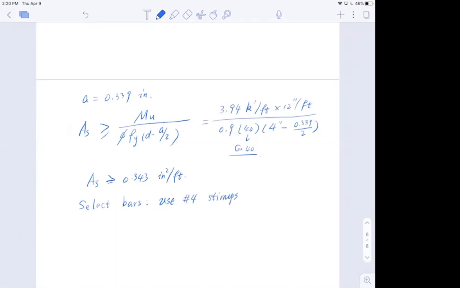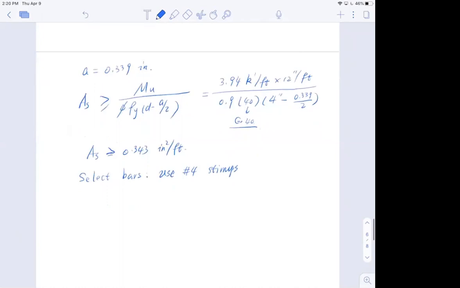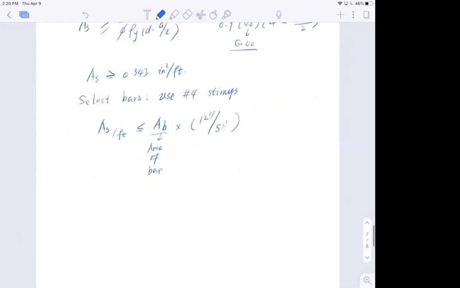For number 4, I want to compute the As per square foot, which has to be smaller than or equal to Ab, the area of the bar, multiplied by 12 inches per spacing in inches. Make sure this is Ab, which is for a number 4 bar, so the area is 0.2 square inches.